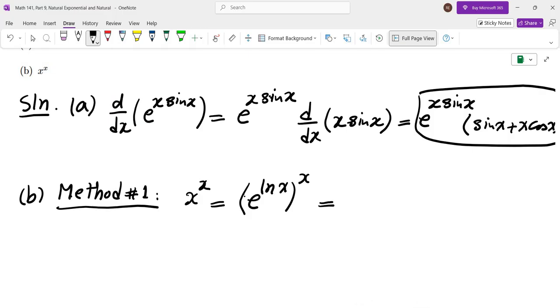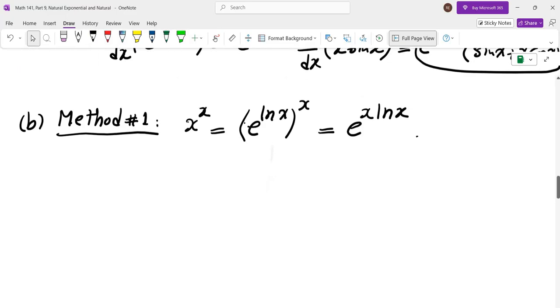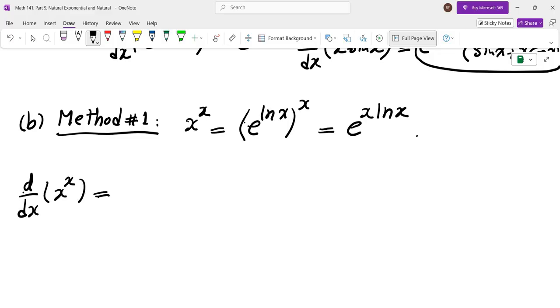When we have exponents one after another, we can multiply the exponents. So this would be x natural log of x. And then when you want to differentiate this, we can now use the derivative of exponentiation. So this would be e to the power of x natural log x times the derivative of the inside function.